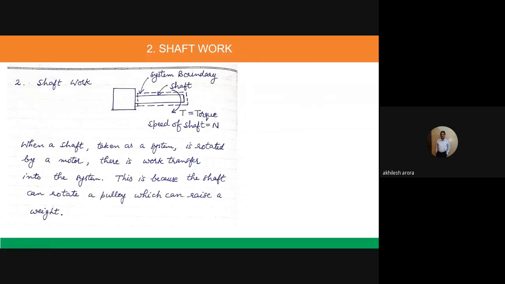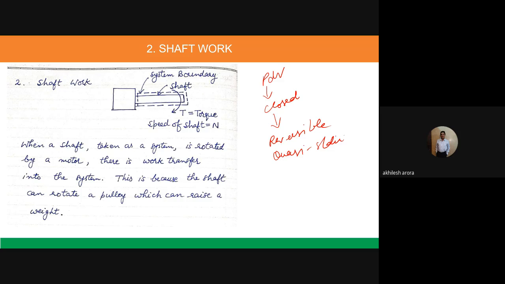Now the first work which we discussed was PDV work. We calculated the PDV work for a closed system. You should always remember that we calculated PDV for a closed system, and for a reversible process, which is also called a quasi-static process.